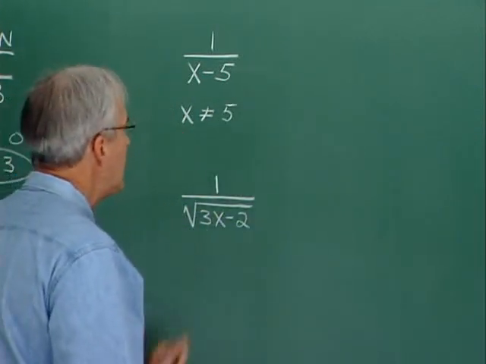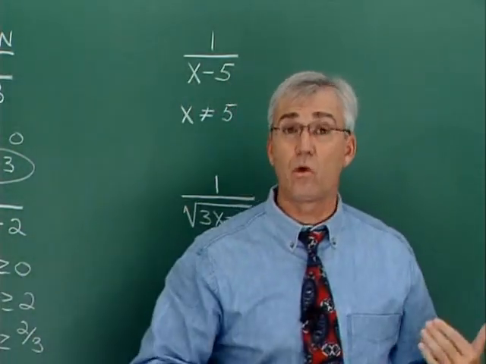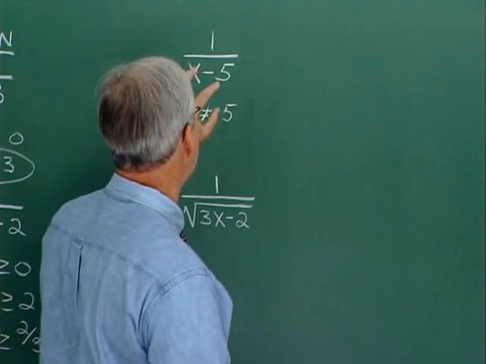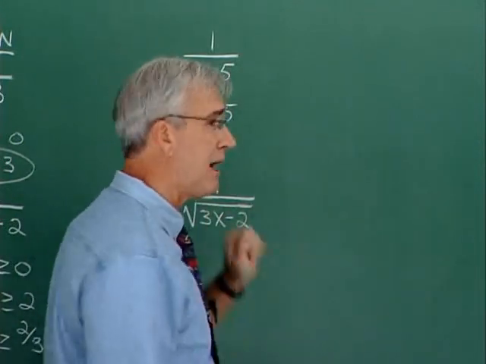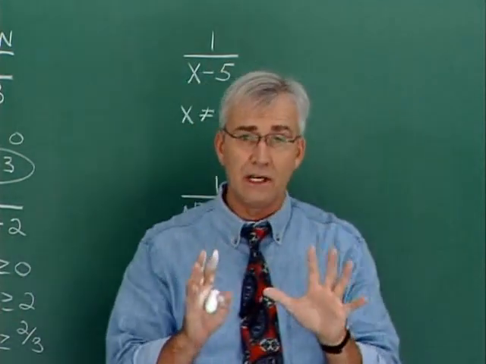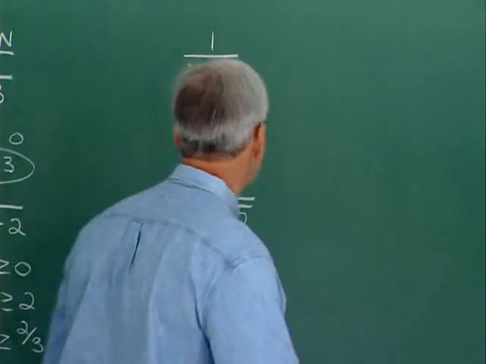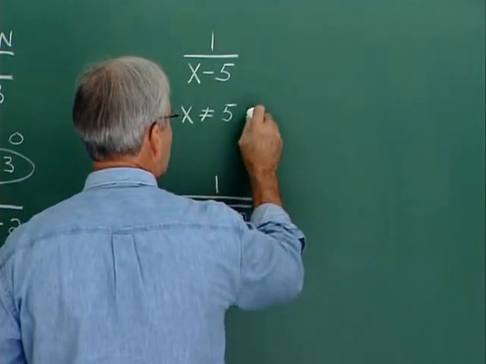Now, sometimes when a domain is listed, you list the exceptions for replacement like this. This is an exception. It would be all real numbers except that one. You see, so we're listing the exception. If we want to list all of the acceptable replacements for x, gee, in this situation, we would have to use maybe a notation like this.